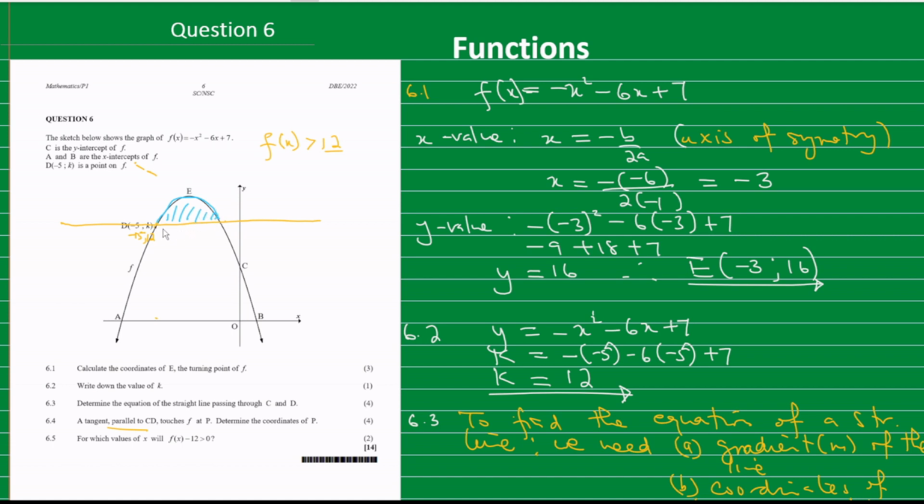Which means the set of values of x that define that portion of the graph is from this point, which we got already, which is equivalent to negative 5, and a point somewhere here, which we have to find out.